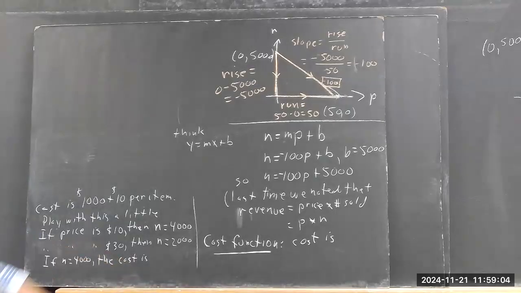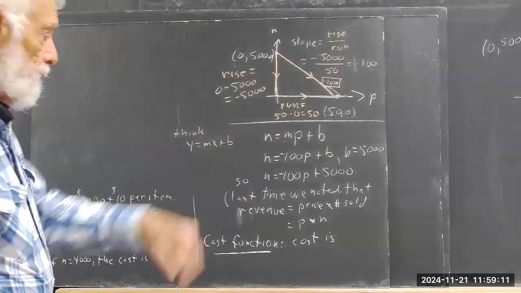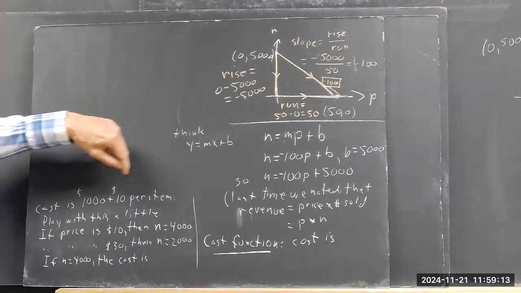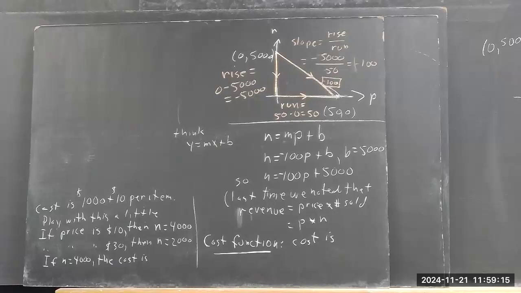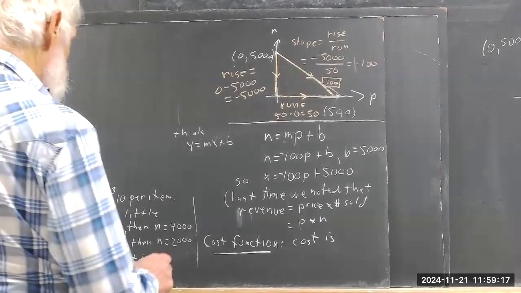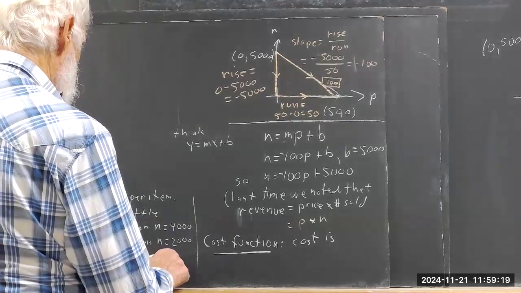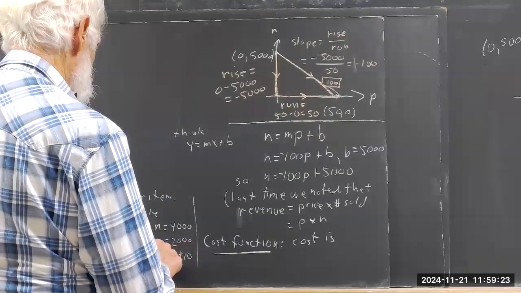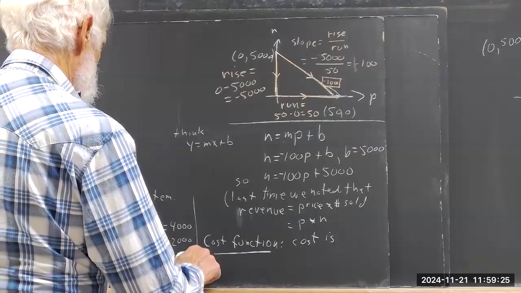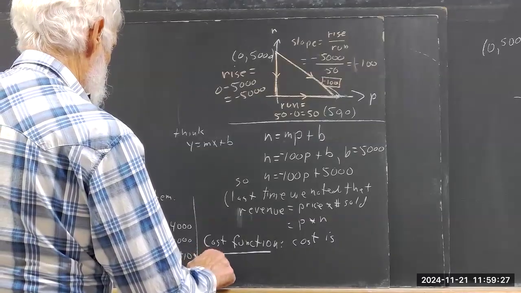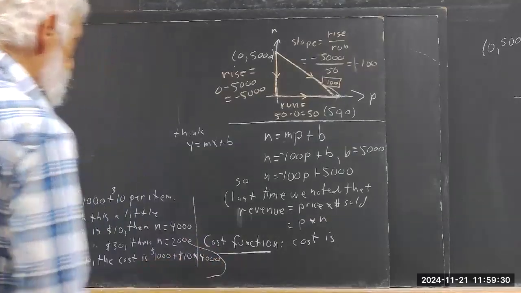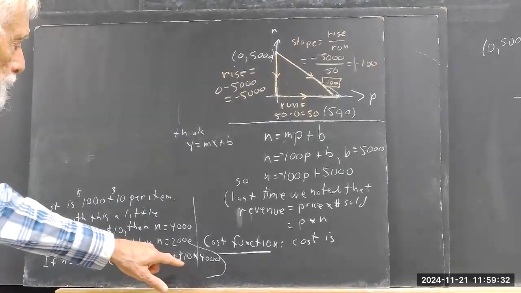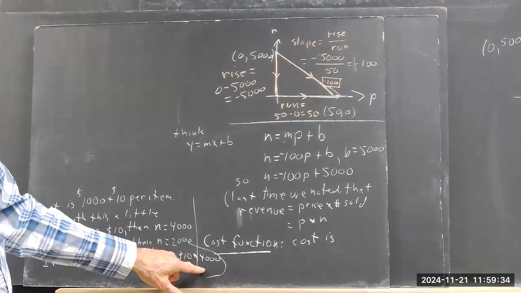Well, that is 4,000. And the cost is what? It says the cost is $1,000 plus $10 per item. Then it's going to be 1,000 plus $10 times the number of items.